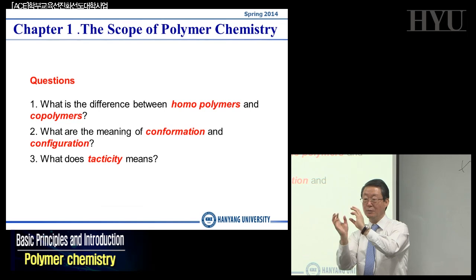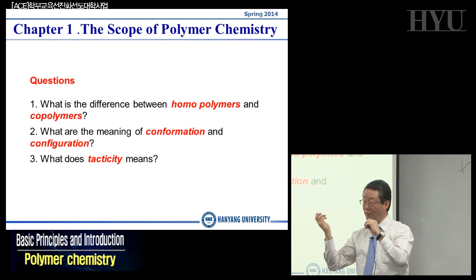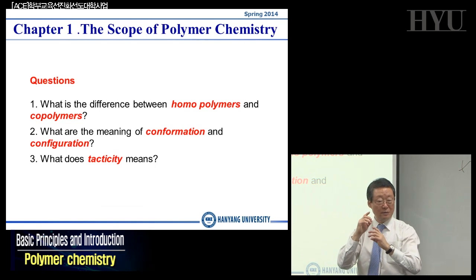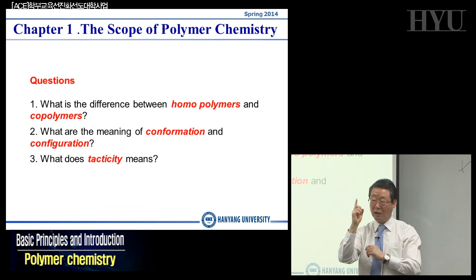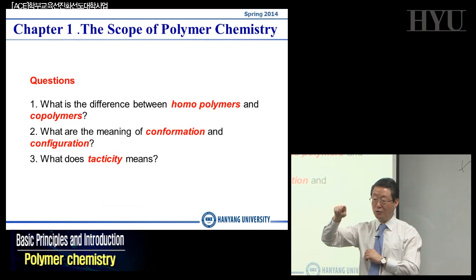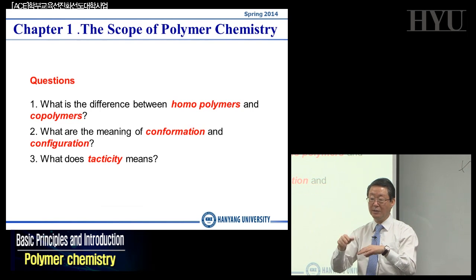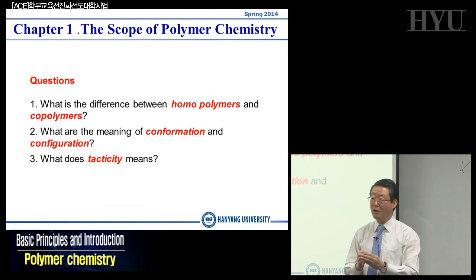It could become a random structure with the same chemical structure. The conformation that I showed you is the alpha structure or alpha helical structure or beta structure or gamma structure. Alpha, beta, and gamma structure are examples of the conformation.